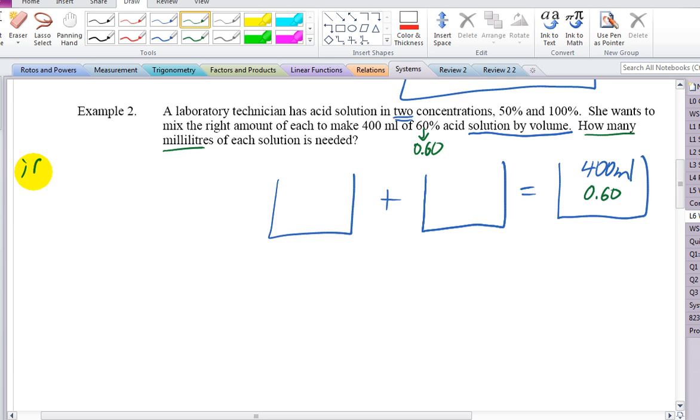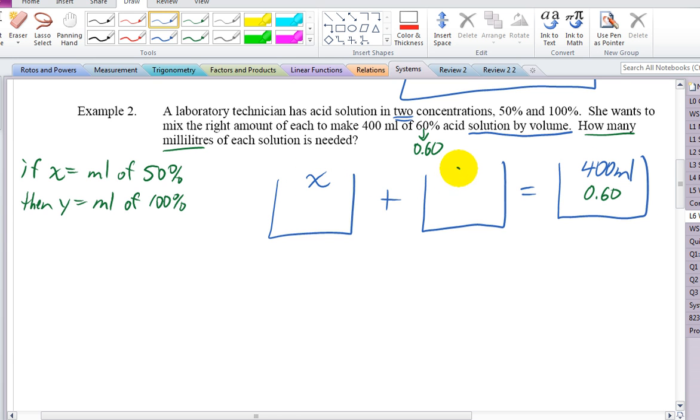So, if x equals the volume, let's say, milliliters of 50%, then y would equal the volume, or milliliters, of 100%. Okay. So, to match the last beaker, we would put x plus y on the top.